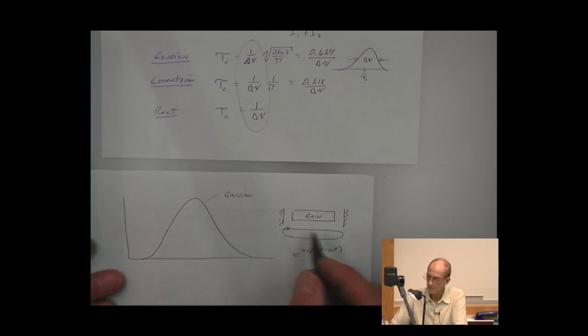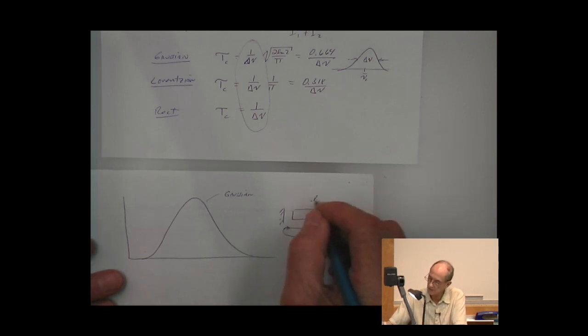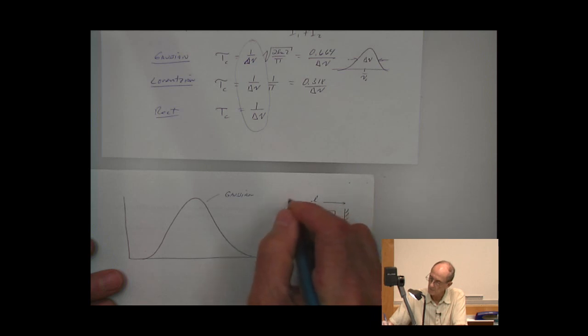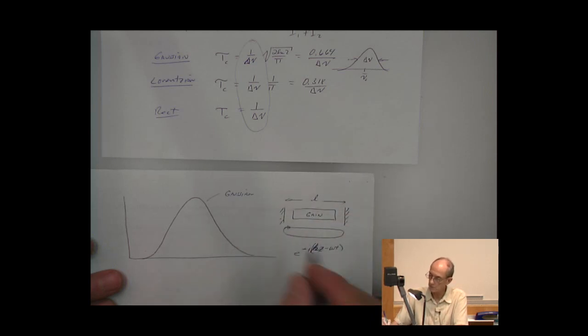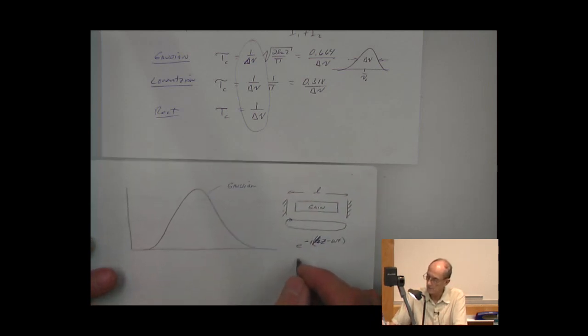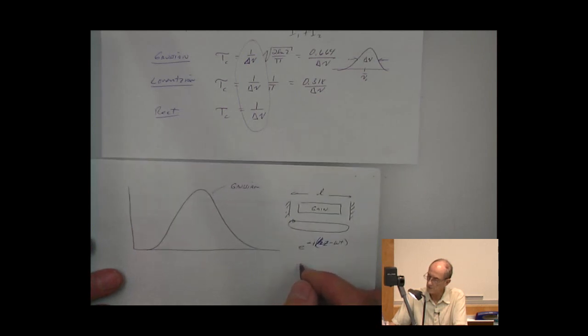So the mirrors are spaced at a distance L, and that phase matching will occur, giving us a frequency difference delta nu between the frequencies, which is c over 2L, this cavity length.